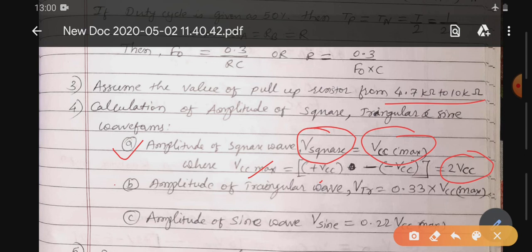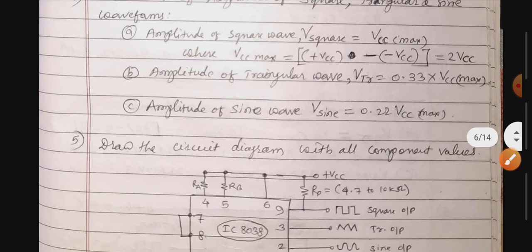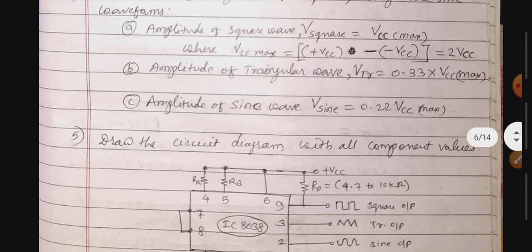Then amplitude of triangular waveform denoted as VTR is 0.33 into VCC max. Amplitude of sine wave V sine is equal to 0.22 times VCC max. So by using these formulas we have to calculate the amplitude of three waveforms and draw the circuit diagram with all component values.